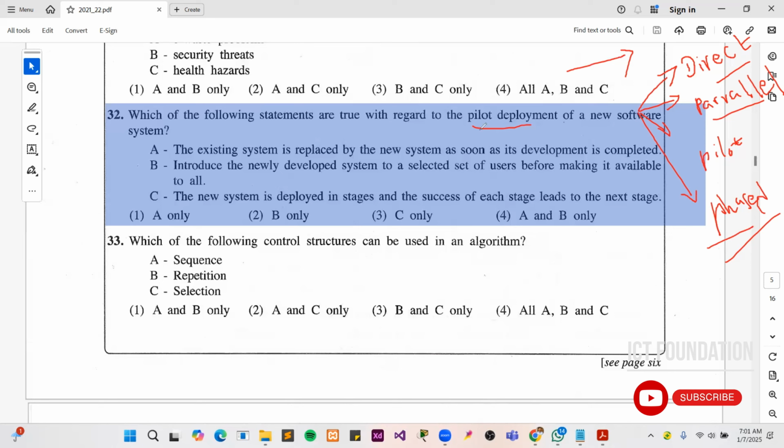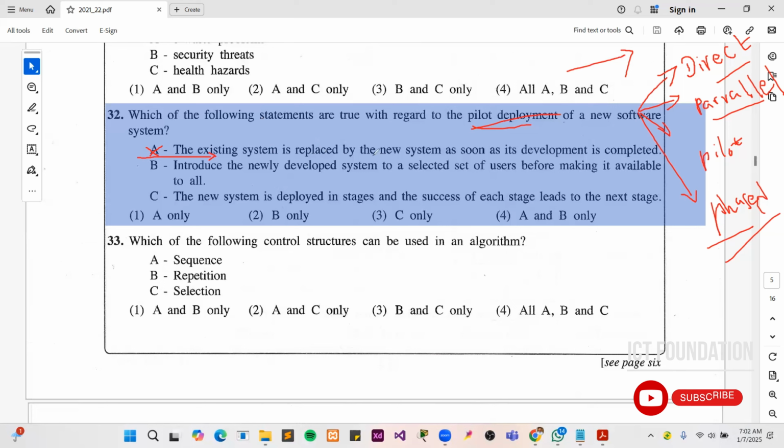So here, they are asking about pilot deployment only. The existing system is replaced by the new system as soon as its deployment is complete. That means direct deployment. Direct deployment means as soon as possible, the new system will be deployed and the old system will be omitted. So this one won't be pilot deployment.